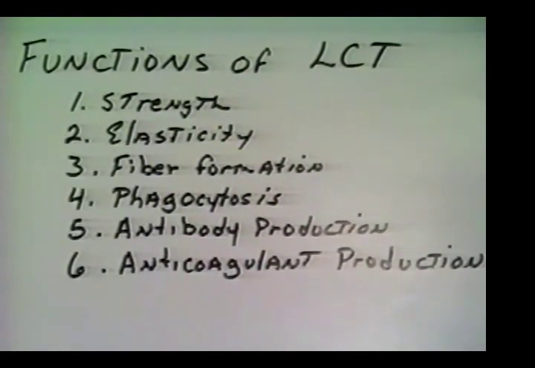They eat other cells and cellular debris within this tissue. Antibodies are produced from plasma cells within this tissue. Plasma cells are actually types of white blood cells that have invaded this tissue.